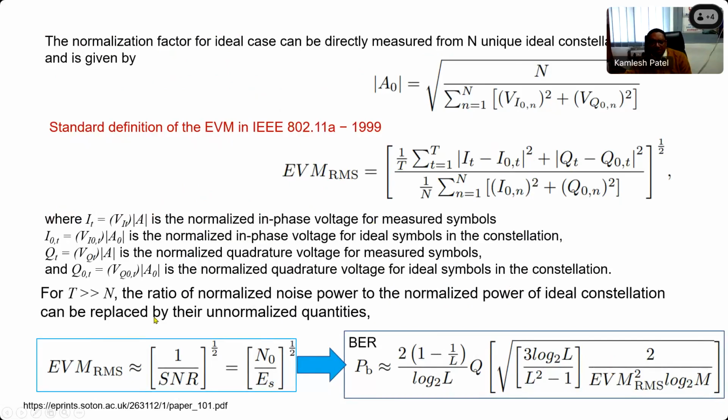So in short, we can relate the EVM as inversely proportional to SNR, under root of SNR, which is N naught by Es over 2. And from there, if we substitute this value in the bit error rate equation, we relate the value of bit error rate with the EVM. So there is an established relationship between the BER and the EVM.